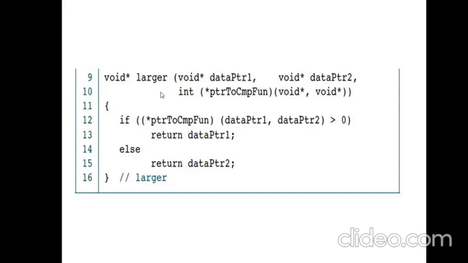We are now looking at the implementation of this problem. There is a function called larger which takes three parameters. The first parameter is the first value which we want to compare. The second parameter is the second value to be compared, and the third is a function pointer to the compare function.